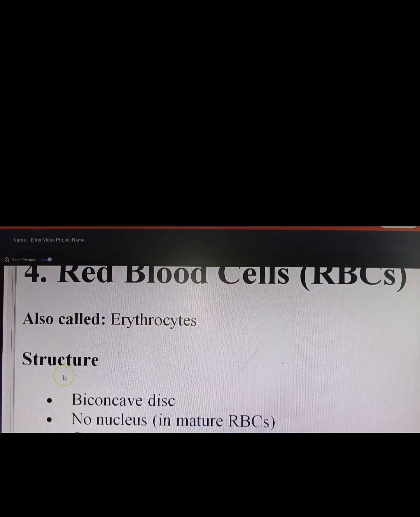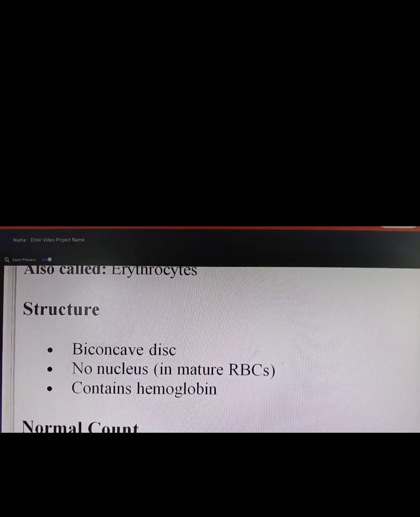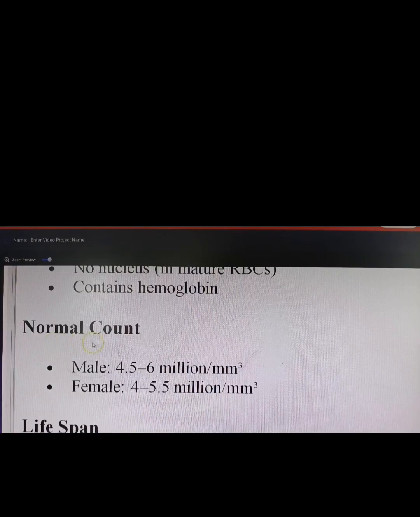Now we will see the structure of RBCs. Red blood cells are biconcave discs with no nucleus inside the cell. RBCs contain hemoglobin. Hemoglobin is a protein which gives the red color to the cells. A normal RBC count in males is approximately 4.5 to 6 million per cubic millimeter.